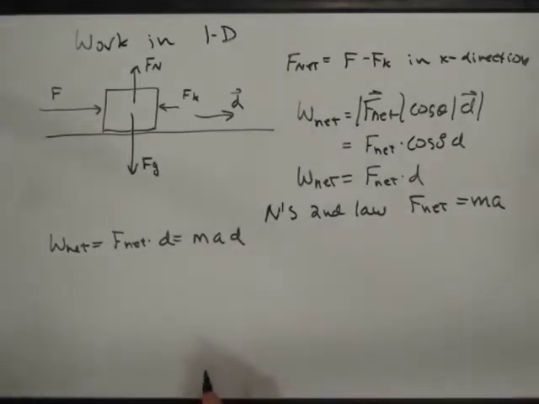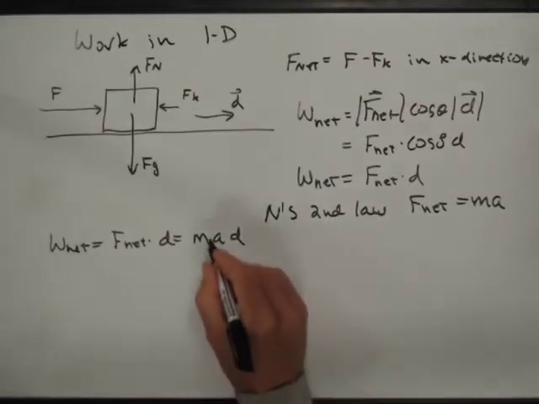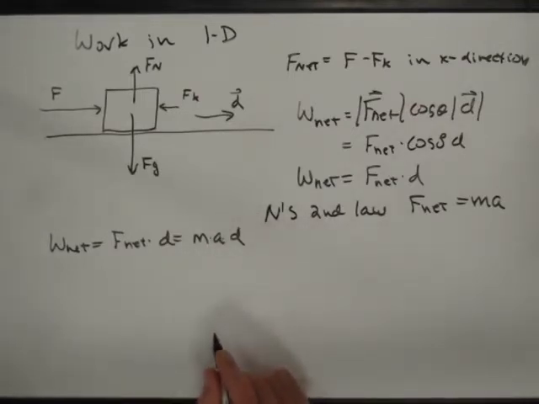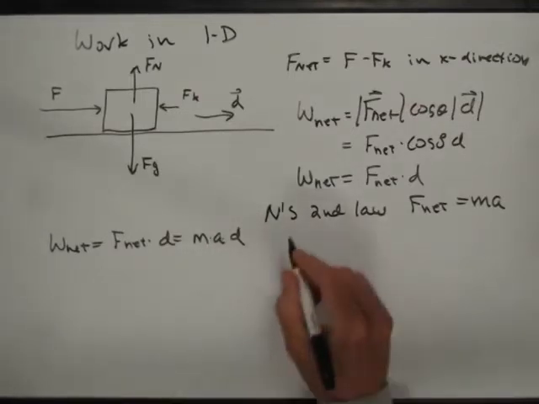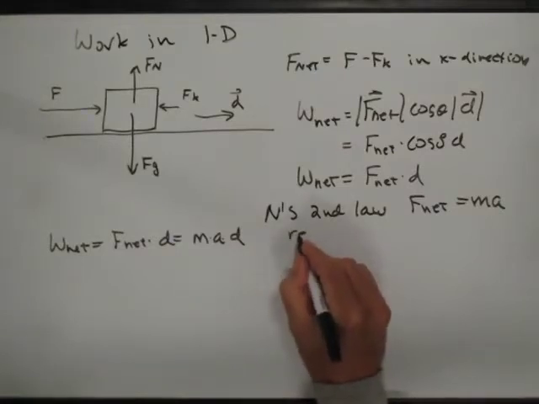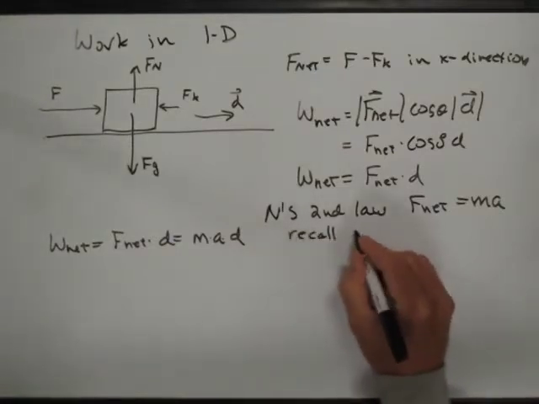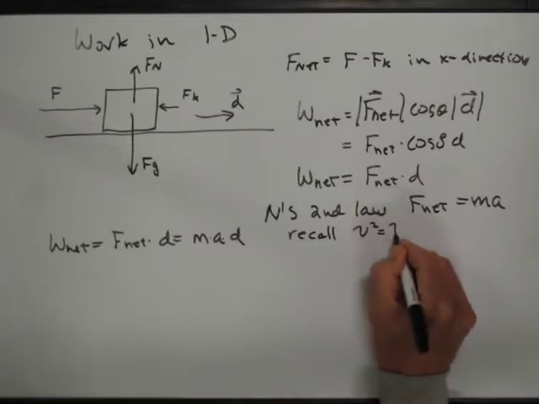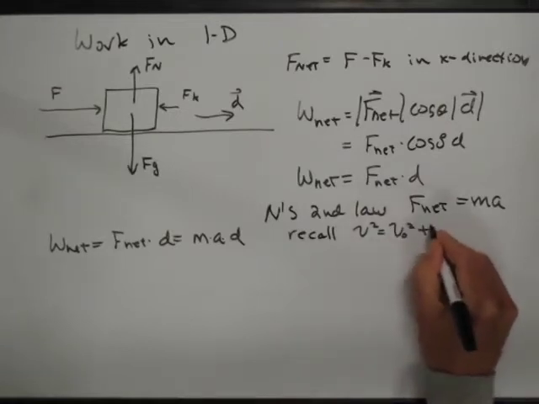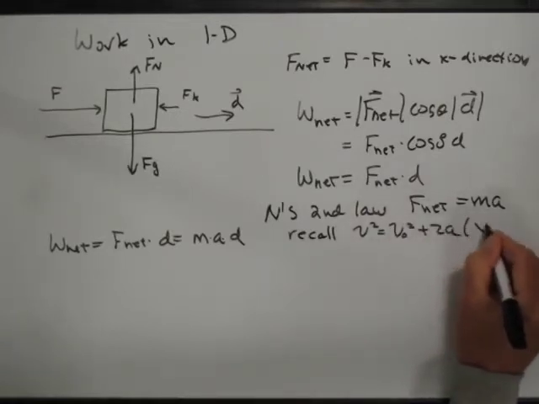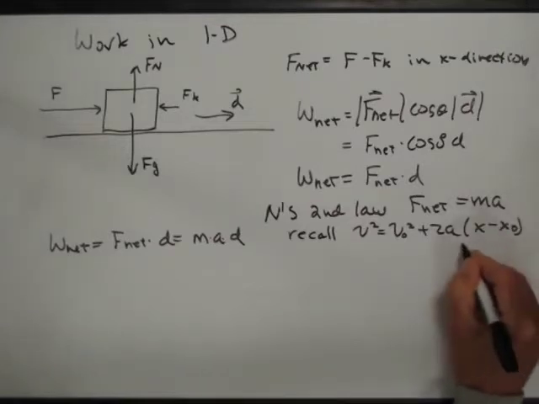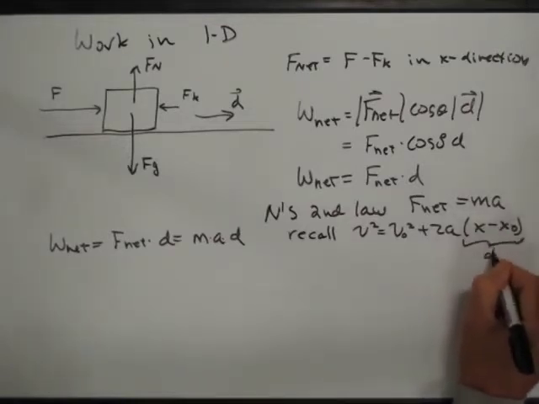Now I want you to remember this formula from chapter 2. Recall, v squared is equal to v naught squared plus 2a times x minus x naught. In that problem, this is the distance.